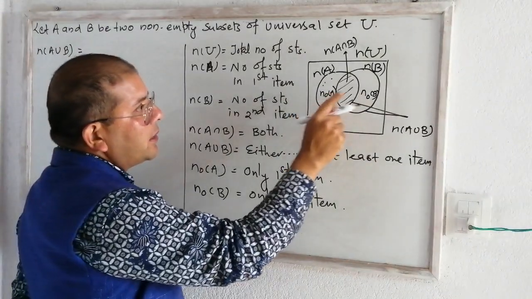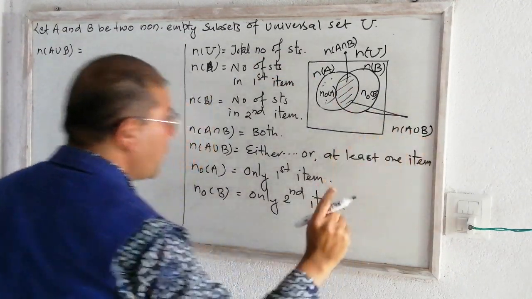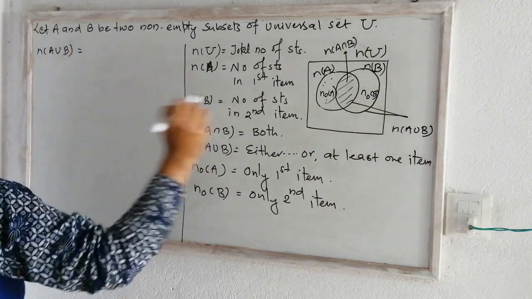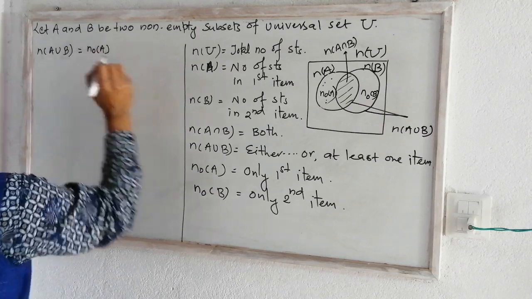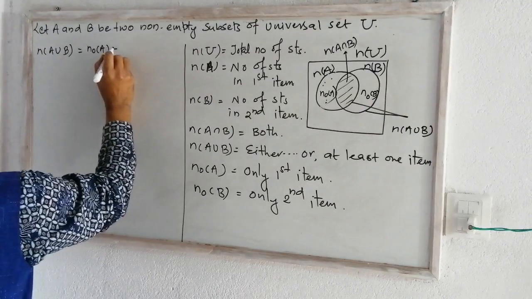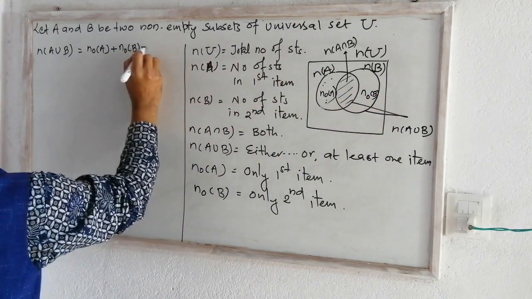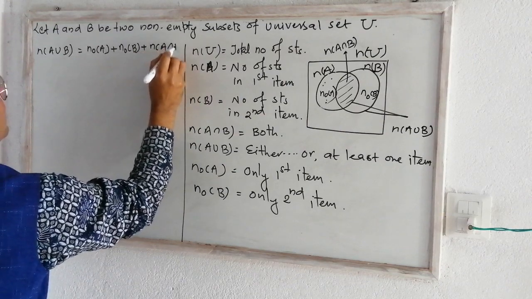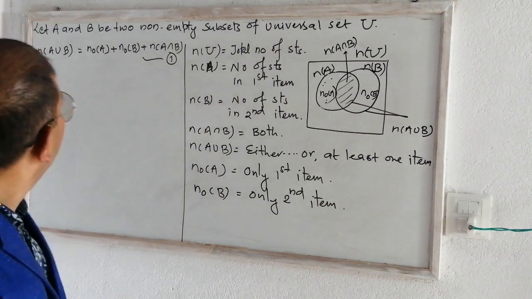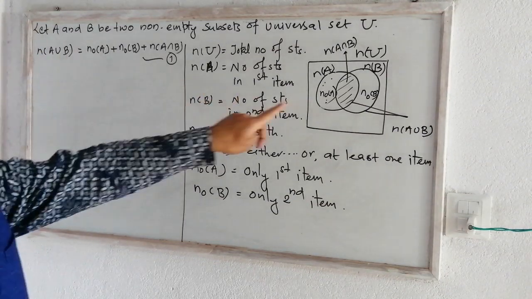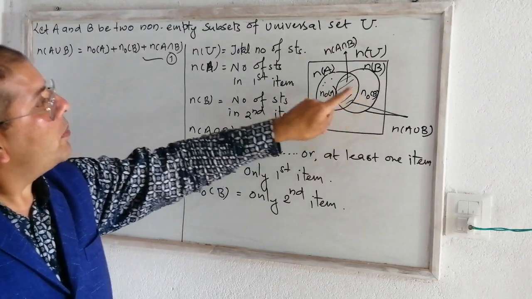If you add these, you will get n of A union B. So n of A union B is the first region n naught of A, next this one n naught of B, and finally this third portion n of A intersection B. You can suppose it is result 1.